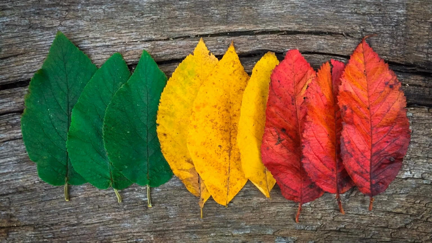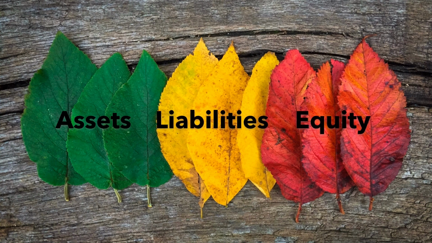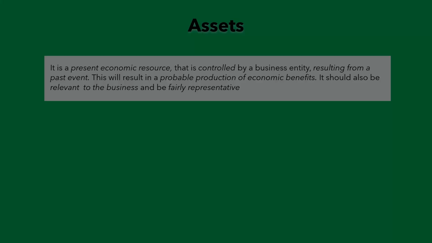If we are completely honest with each other, the discipline of accounting hasn't changed much in the last 600 years. And the three elements known as assets, liabilities, and equities have truly stood the test of time and are still relevant today. So, what is an asset?